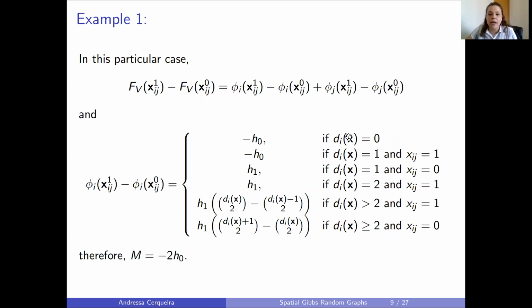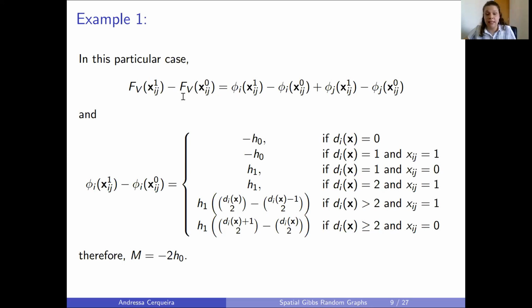So for node j, here we are going to have the degree of node j. So this difference will only depend on edges that are connected to node j. So this difference here will only depend on edges that are connected to node i or j. So this is our first assumption. This is just to restrict the edges that I need to look at in the graph.